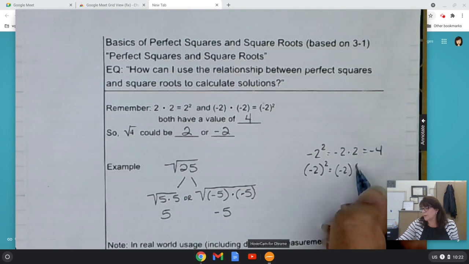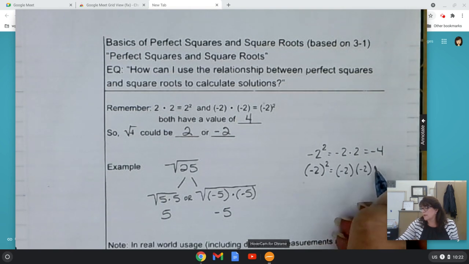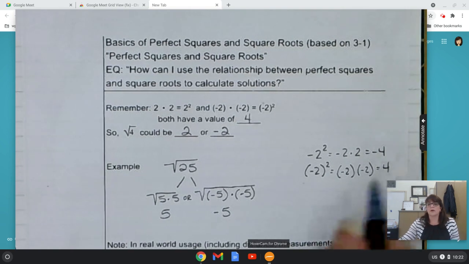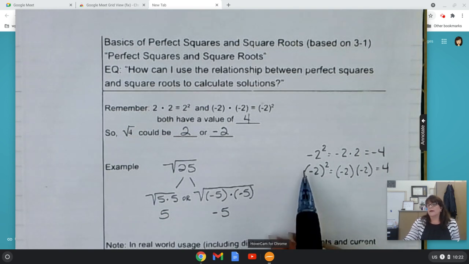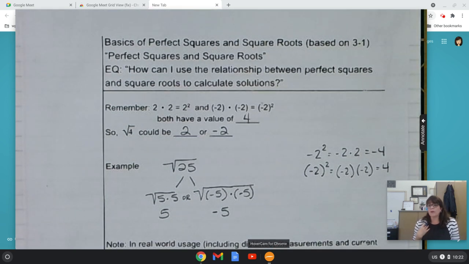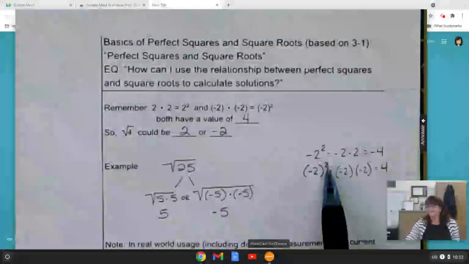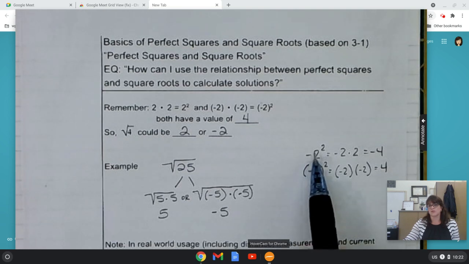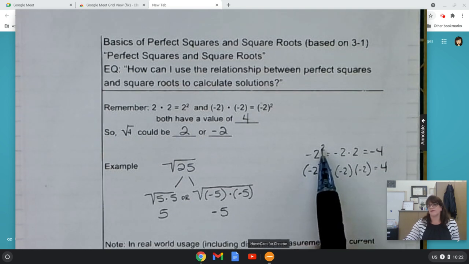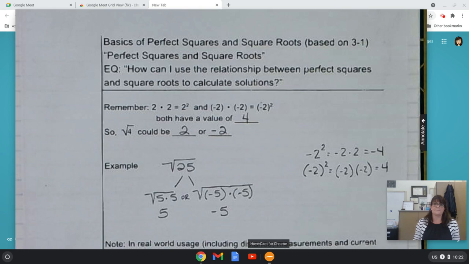This one's a little more precise, and that's a positive 4. If I give the problem and have any way of helping you with it, I would definitely point this out, but it's something to note about integers and exponents.